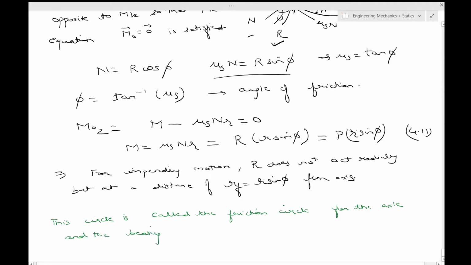So it's not just for one of them, we call it for both axle and the bearing. The whole combination has to bear and is independent of loading conditions on the axle.